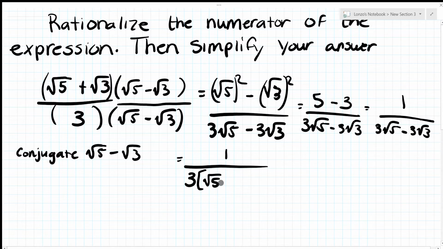Square root of 5 minus, what is this going to be? It's going to be 1 because 3 times negative 1 is negative 3. So it's going to be negative square root of 3. Sorry, 5 minus 3 is not 1, it's 2. So this is your final answer.